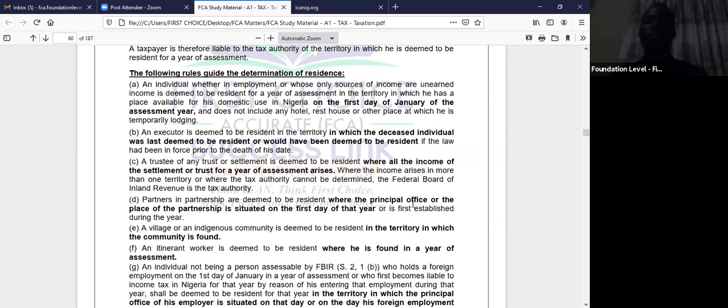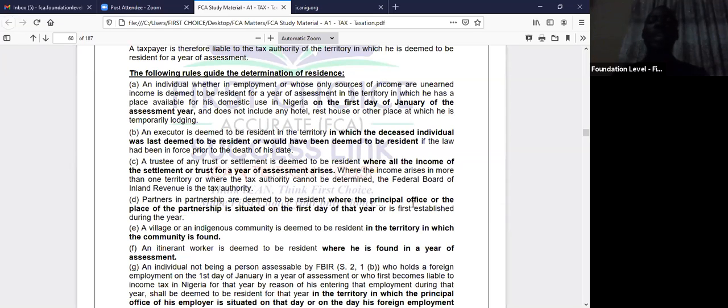Now, a trustee is somebody who is an arbiter, who is holding something in trust for someone. It's also connected to an executor and the principal. The trustee is also an agent to a principal.